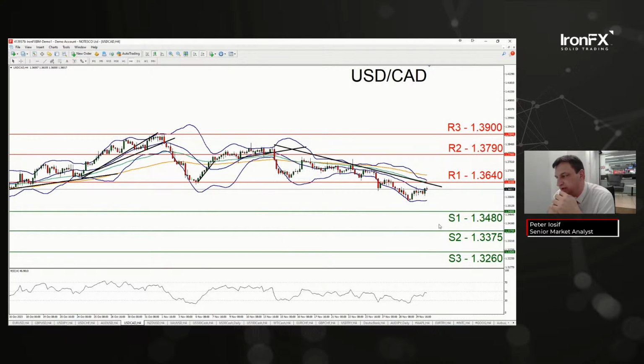So it's going to be interesting to see how the pair will be reacting once the price action hits on the downward trend line, whether that's going to be broken, and should that be the case, and if combined with the price action remaining below the R1 1.3640, then we may be seeing some stabilization of the pair being verified, and we would be switching initially our outlook in favor of a bias for a sideways motion.